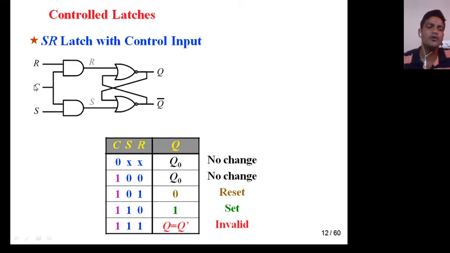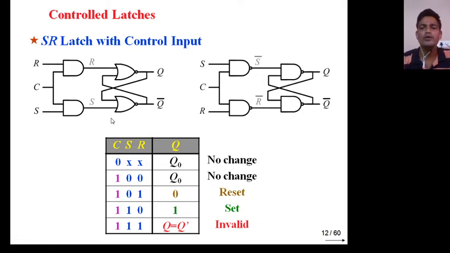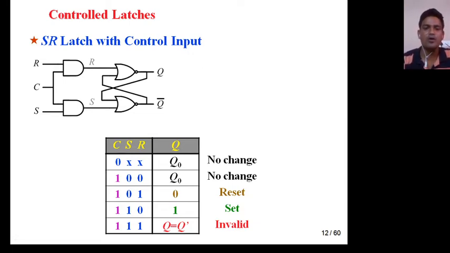Depending upon the value of this control input, which is nothing but the clock pulse, this flip flop will work only if the clock pulse is high, or you can say the SR latch will work depending upon the value of this C. If its value is 1, your flip flop or latch will work normally.